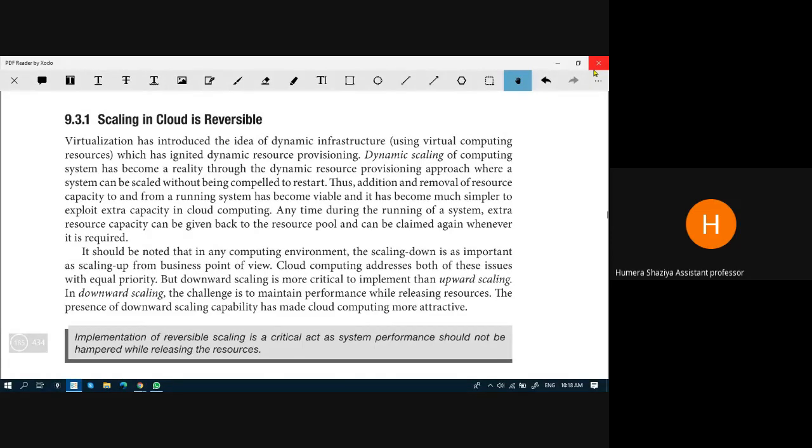In that case, the system should be reversible. Reversible in the sense that whatever resources have been allotted, those have to be taken back by the cloud.